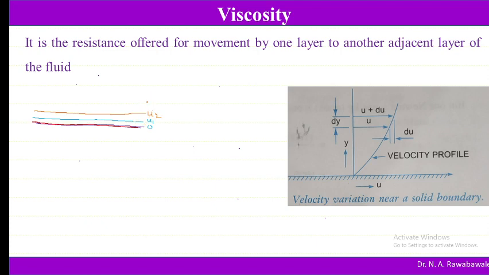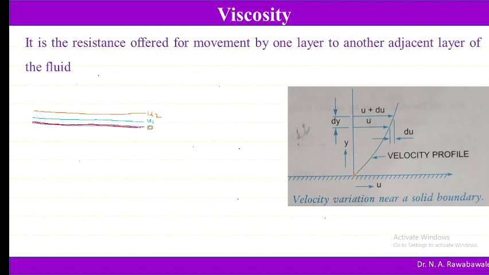As we move away from this surface, the velocity is going to be higher and higher. That is shown here by the velocity profile. Say we have one surface over which the fluid is flowing. The layer nearest to the surface has velocity 0. As we move in the upward direction, the velocity is gradually going to increase. That is shown by this curve, which is nothing but the velocity profile.